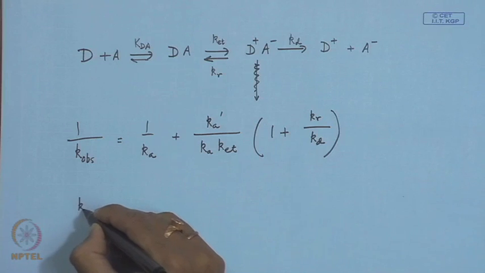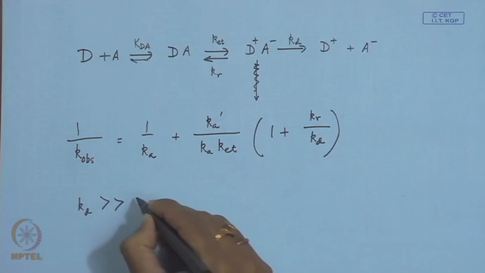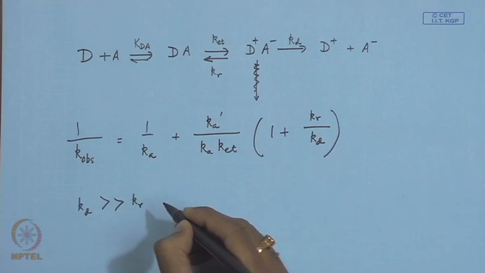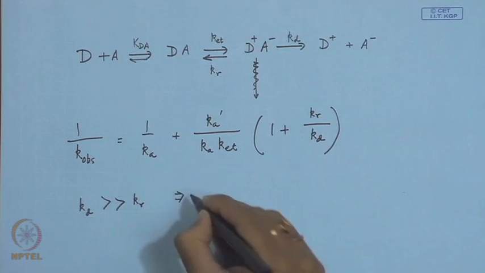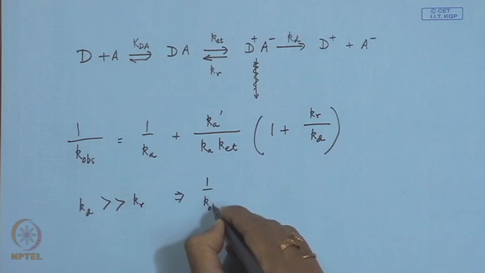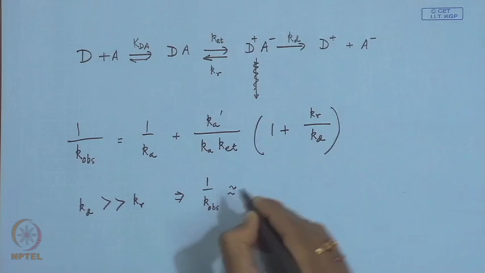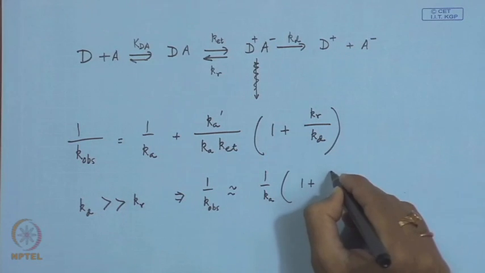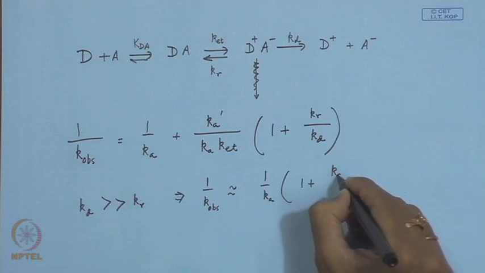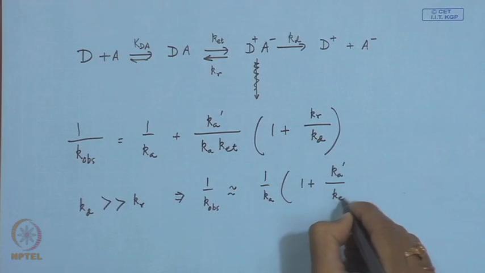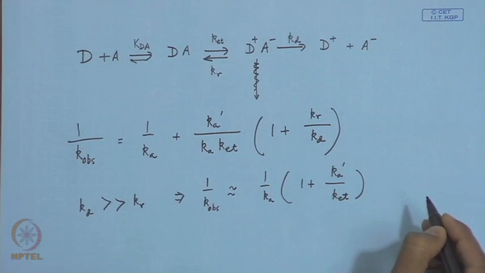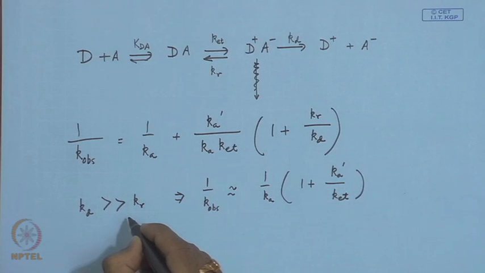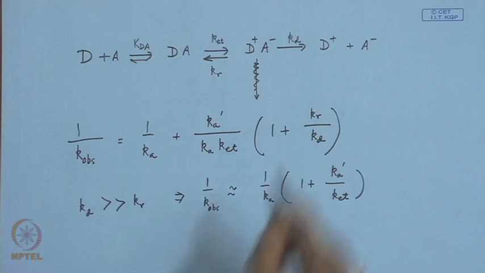When Kd is much greater than Kr, then we can write 1 by K obs equals 1 by Ka times 1 plus Ka prime by Ka KET. This is one case, when this is high.